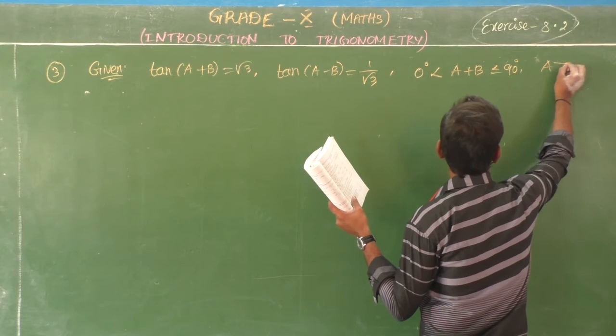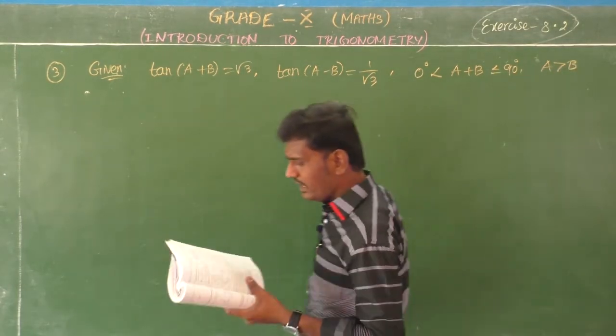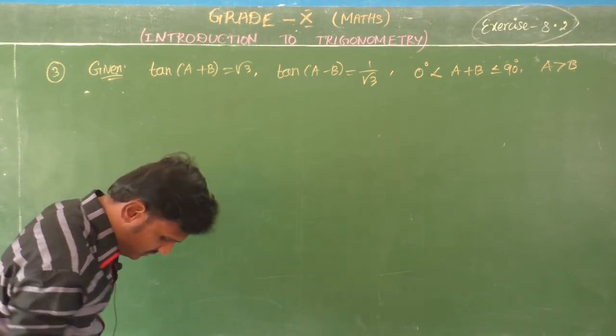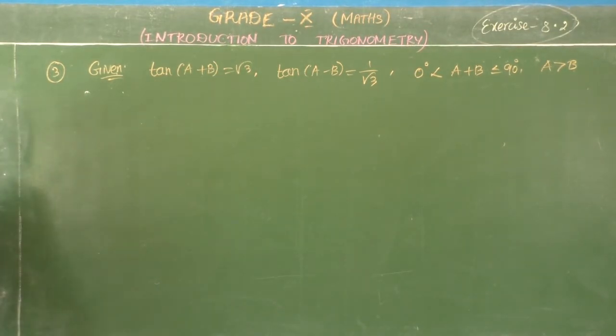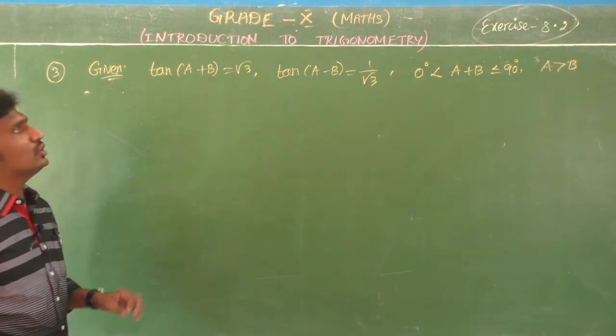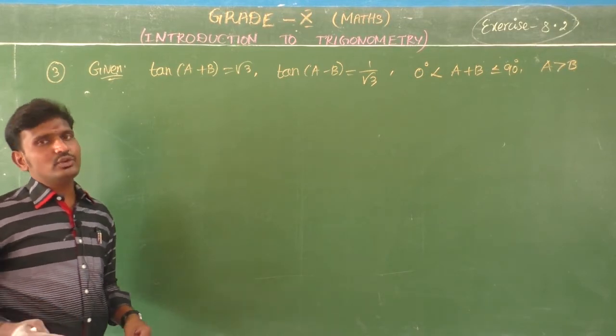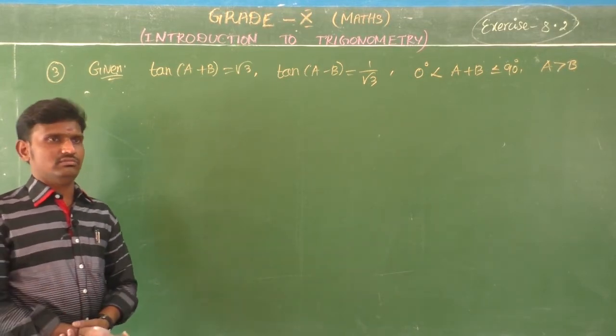And one more important thing: the angle A is greater than B. Now listen, tan of A plus B is equal to root 3 and tan of A minus B is equal to 1 by root 3. Both are given to you in tan theta.